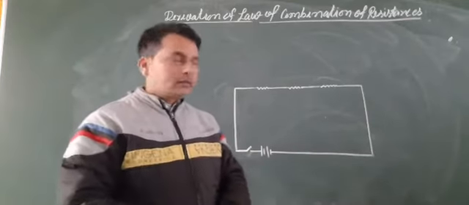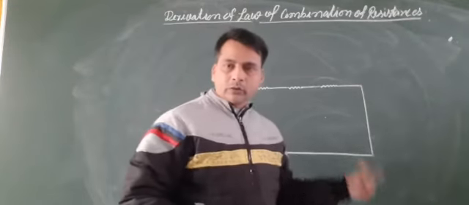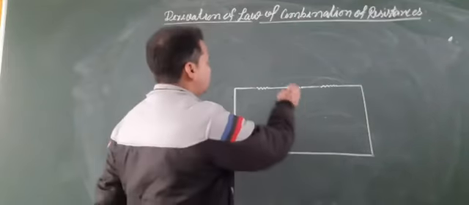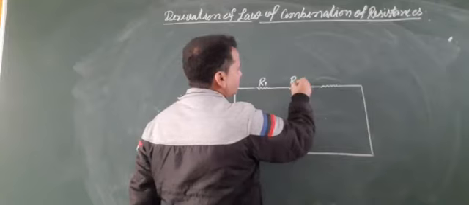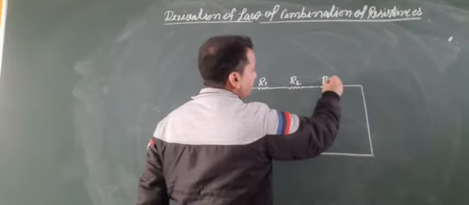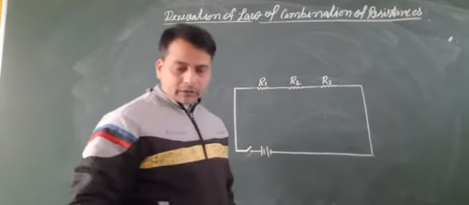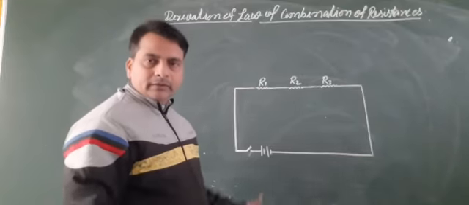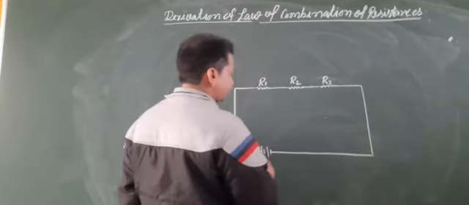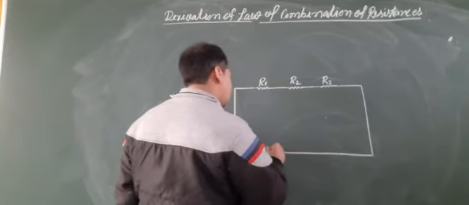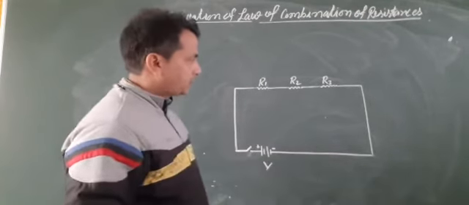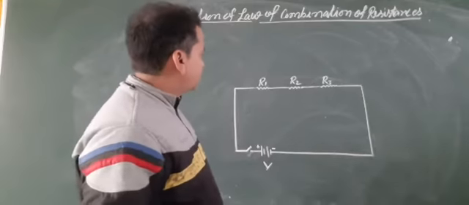Suppose three resistors are used in the circuit, that is R1, R2 and R3, and the potential difference here is V, with plus and minus terminals.